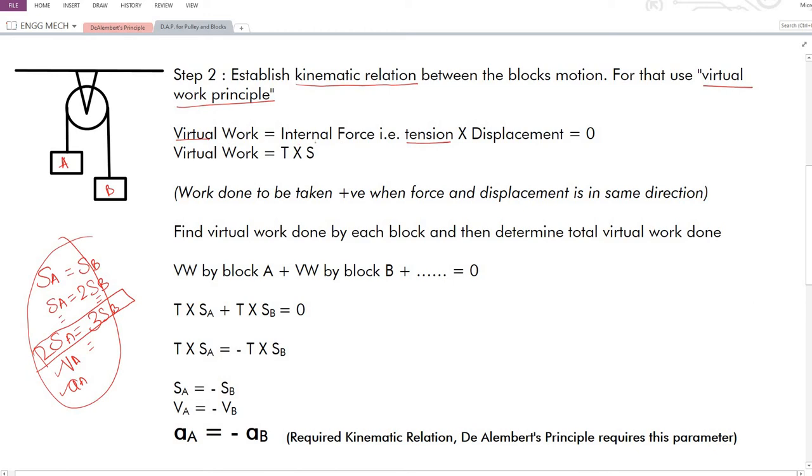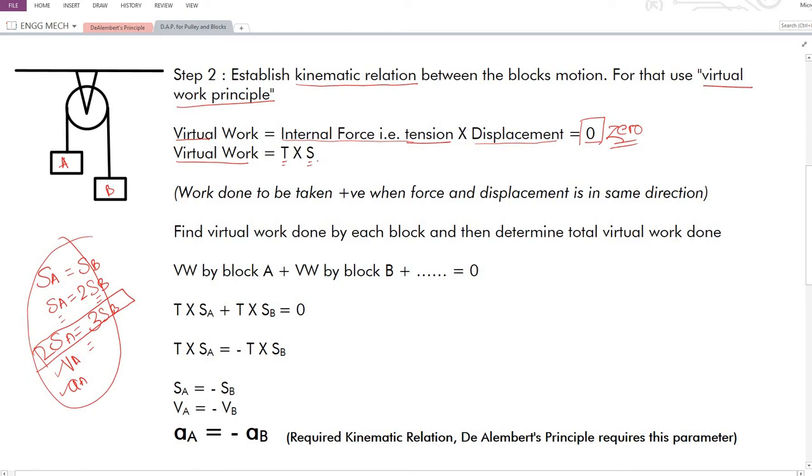Now, virtual work is equal to internal force, which is tension, into displacement, and virtual work is always 0. Remember this, virtual work will always be 0. Therefore, we can shorten it as virtual work is equal to tension, that is internal force, and displacement.